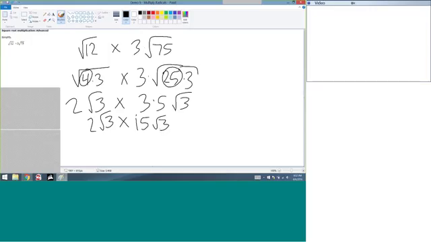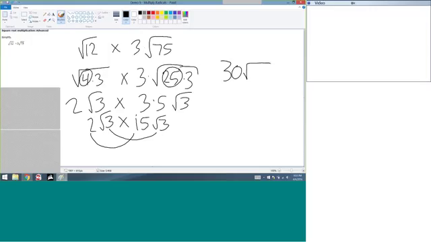Now that our numbers are much smaller, especially in the radicals, the way we would multiply them is you always want to do outsides get multiplied, and then the insides of the roots get multiplied. So we only want to do 2 times 15 for the outside, and then you can multiply everything that's in your radicals together.